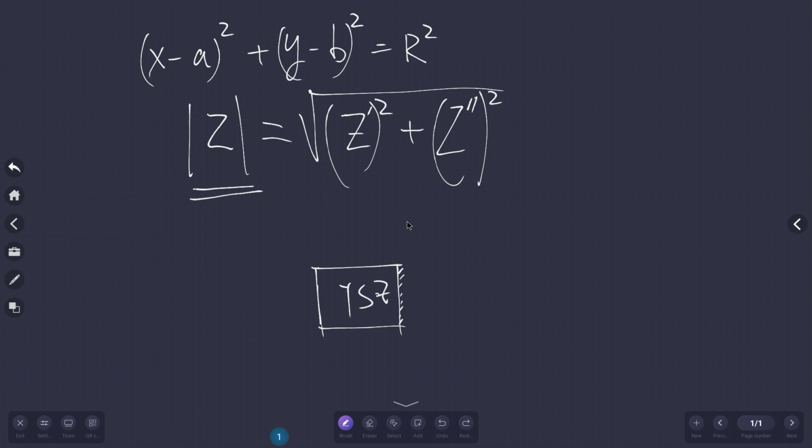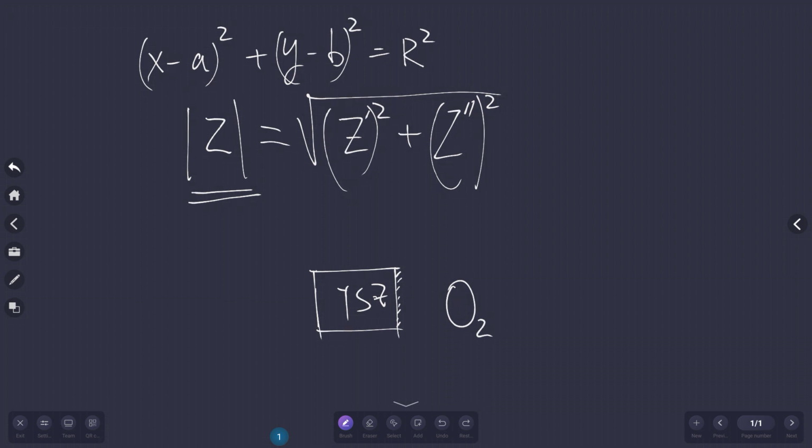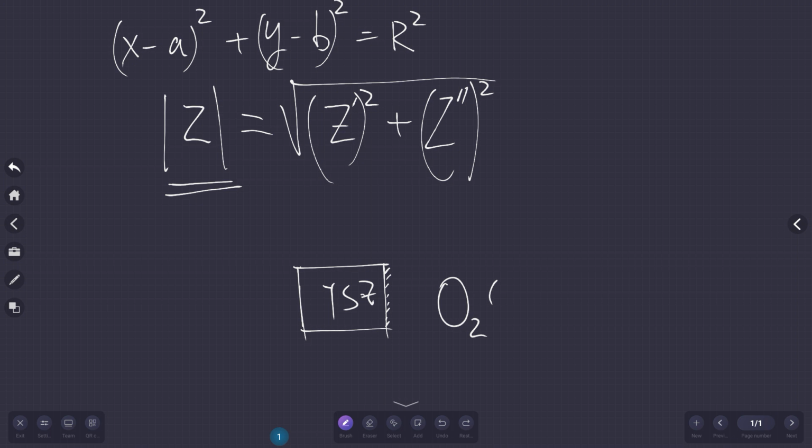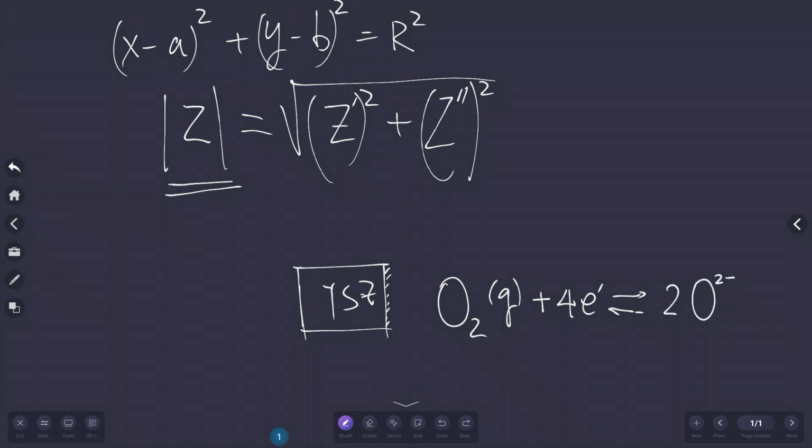But at this interface, what will happen is that it will grab this oxygen from the gas phase, the oxygen molecule, and then it will combine with electrons and form the two-atomic oxygen ion.